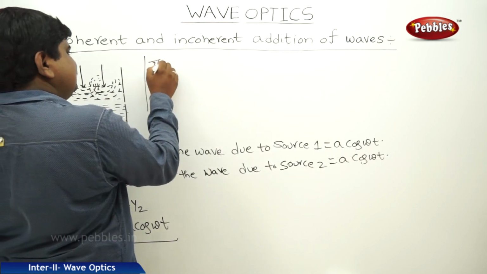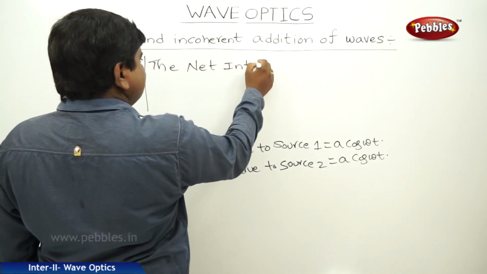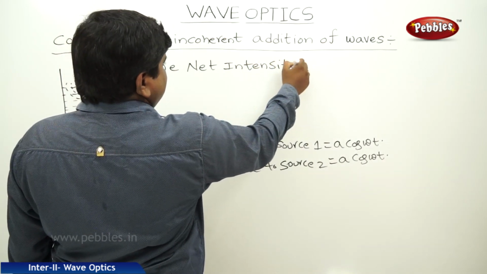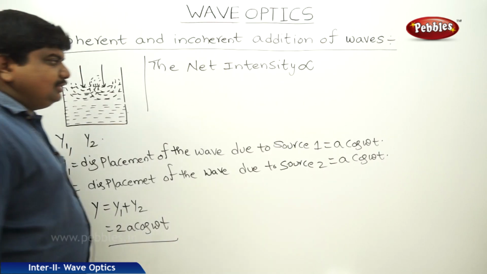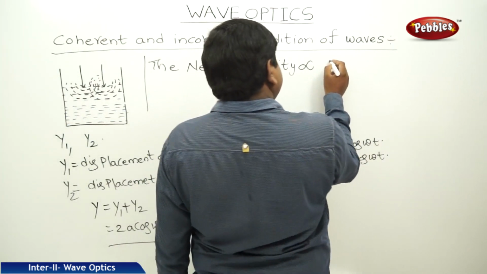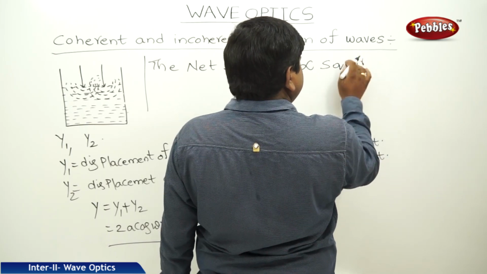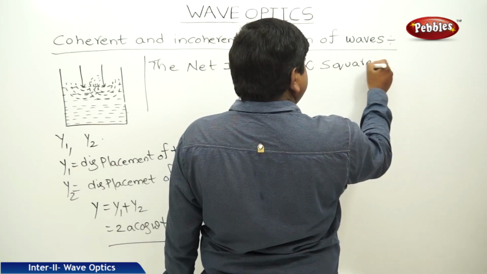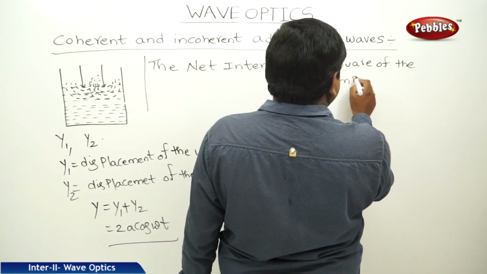The net intensity is proportional to the square of the amplitude.